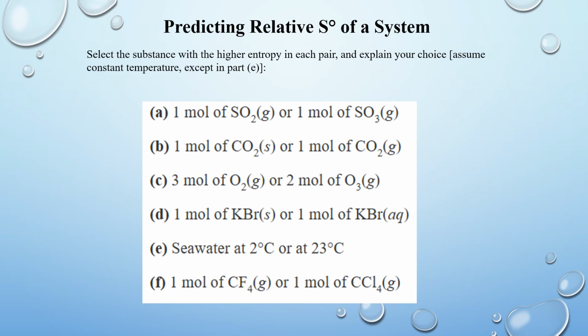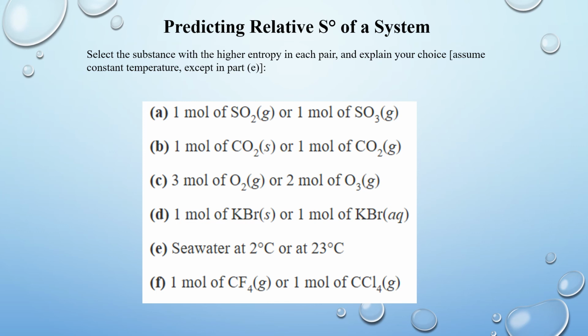The last part of Chapter 21 is predicting the relative standard molar entropy of a system. Basically, you can compare this S0 between different systems to see which one gives you more entropy. So let's use a few example problems to discuss each scenario.